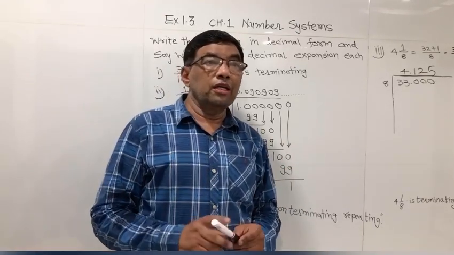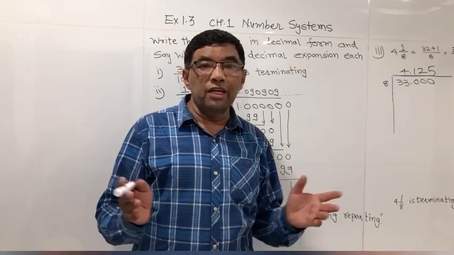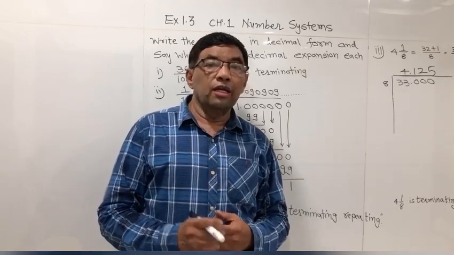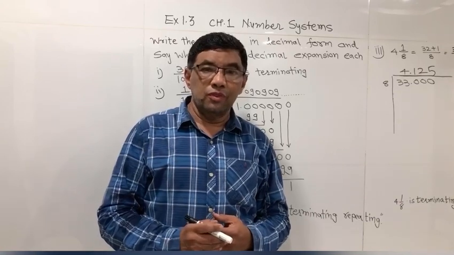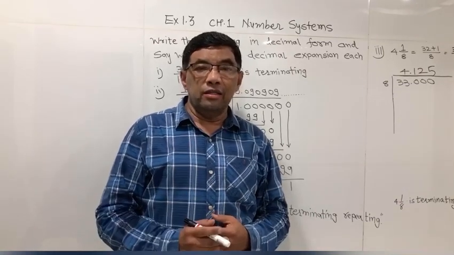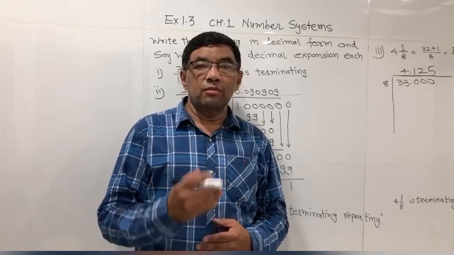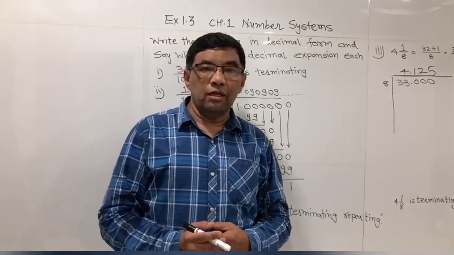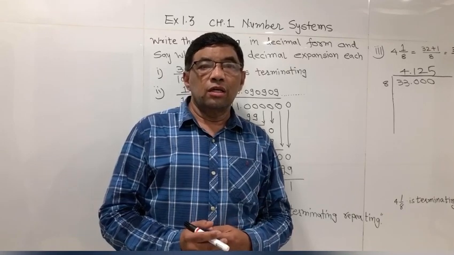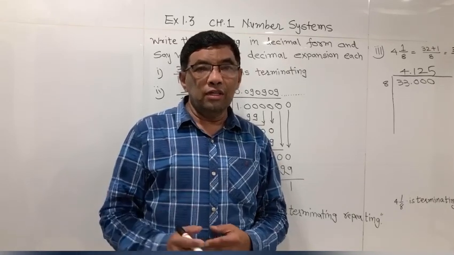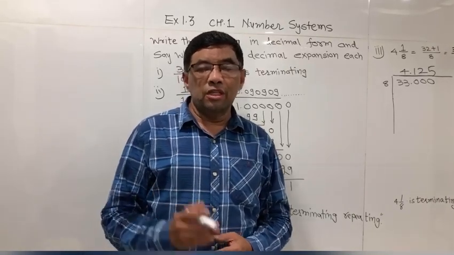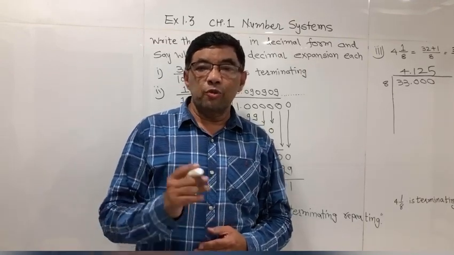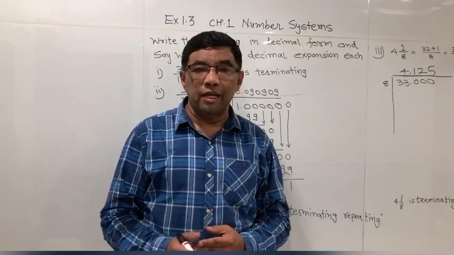Already in this exercise simple division is to be there, which you already did in the primary section. So when we divide one number by another number, the possibility is that after some steps the remainder becomes 0 and the procedure of the division stops there.